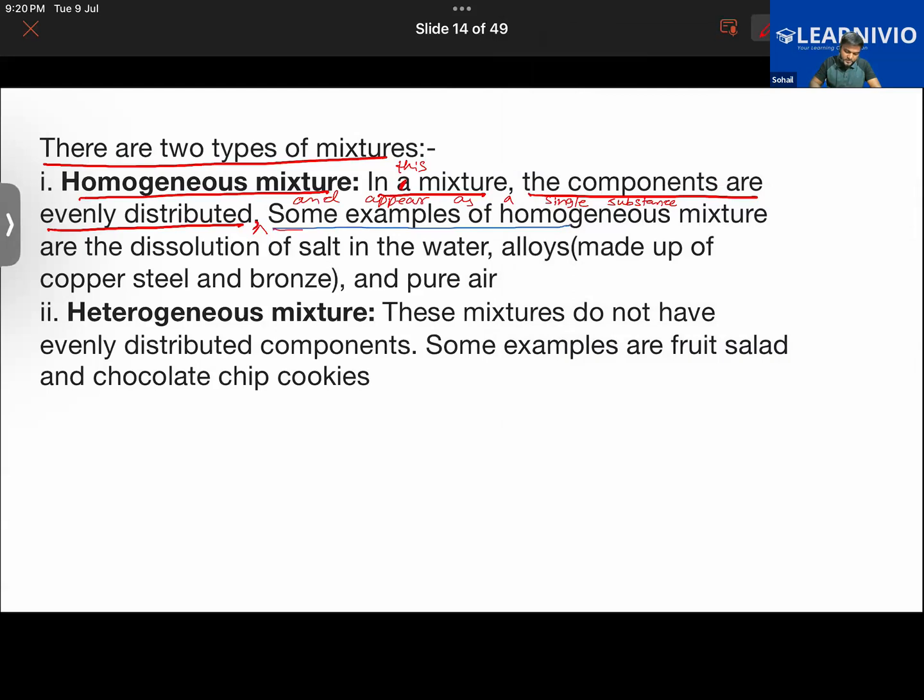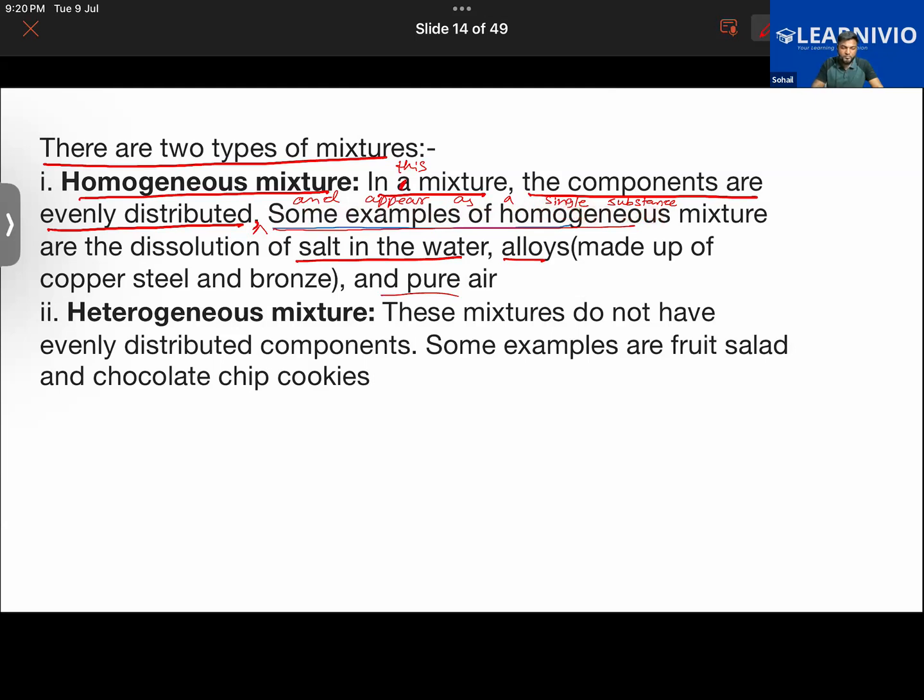Yeah, sure. Then give the examples as follows: salt in water, alloys, and pure air. In a moment, we are going to learn about alloys. For homogeneous mixture, after evenly distributed, you're going to write and appear as a single substance.